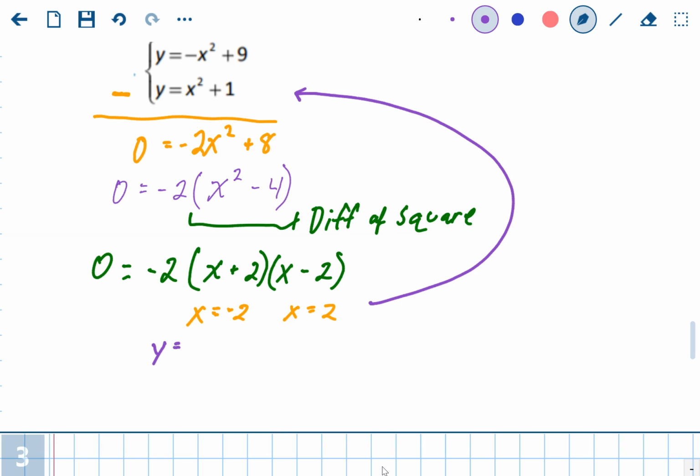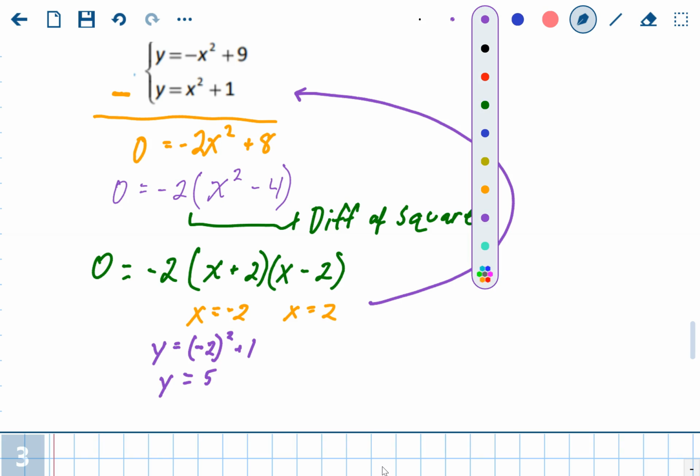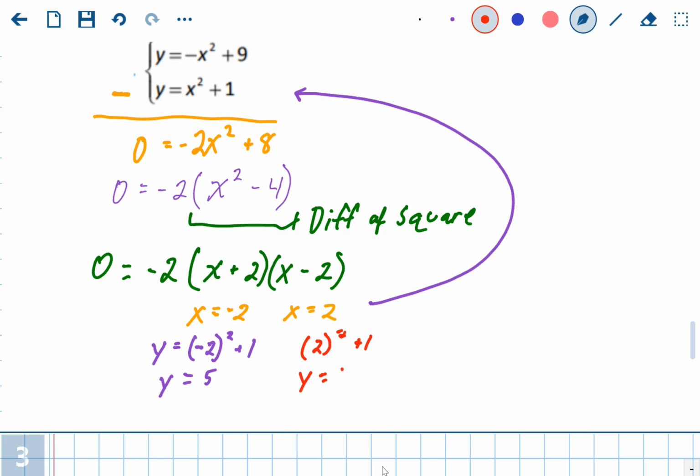So my y value is whatever negative 2 squared plus 1 is. That's a y value of 4 plus 1, which is 5. And for the second one, plug in positive 2 squared plus 1, and you also get a y value of 5.